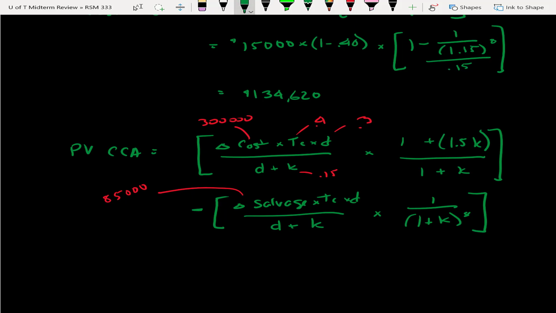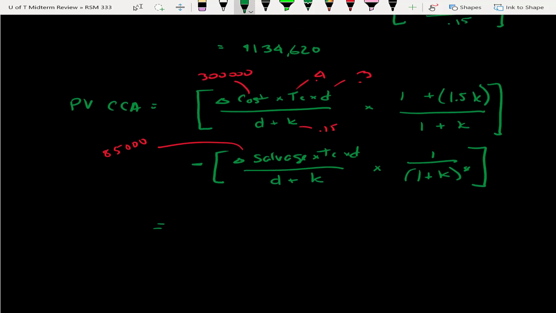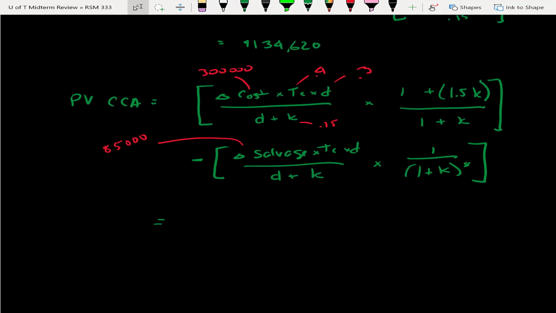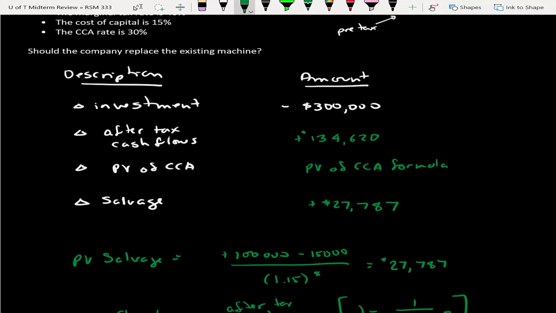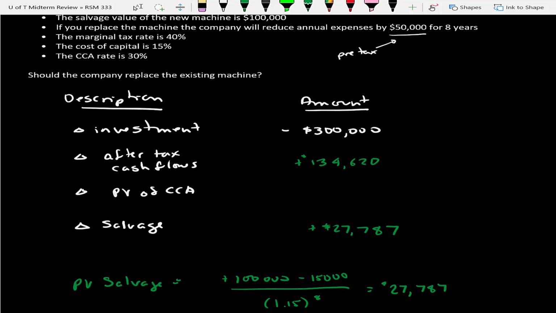It's very simple to just plug it in and do the calculation. The answer will be 77,808. So you will have an extra tax benefit of 77,808, which makes sense because you're spending more money on the machine, so you would expect your tax savings to go up.